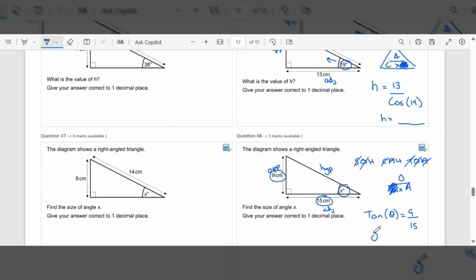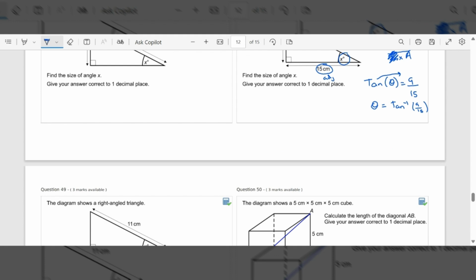However, whenever you're finding an angle, you are going to need to do tan minus 1 or cos minus 1 if it's cos, or sin minus 1 if it's the sine button that you're using. Okay, it's a bit of trig for you.